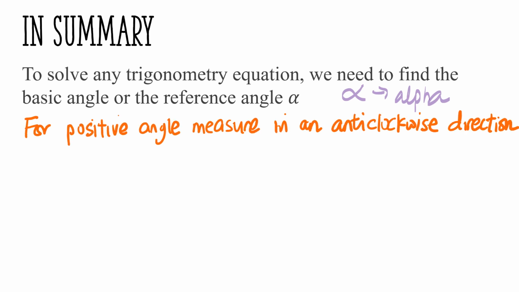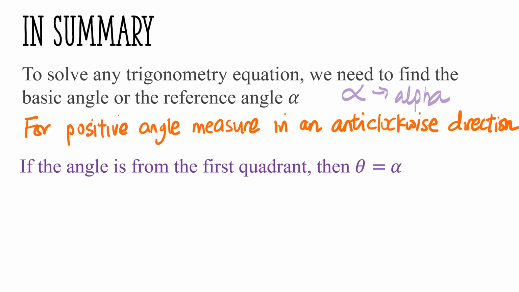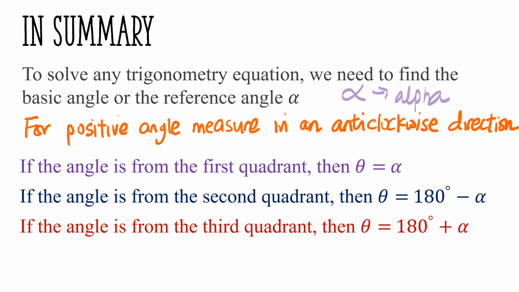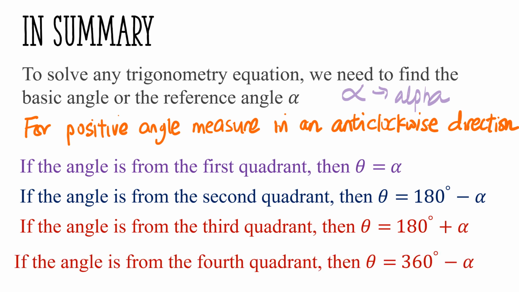For positive angles measured in the anti-clockwise direction, if the angle is from the first quadrant, your answer theta will just be equal to your basic angle alpha. If it's from the second, the possible value of theta will be 180 minus alpha. If the angle is from the third quadrant, it's 180 plus alpha. If the angle is from the fourth quadrant, it's 360 minus alpha.